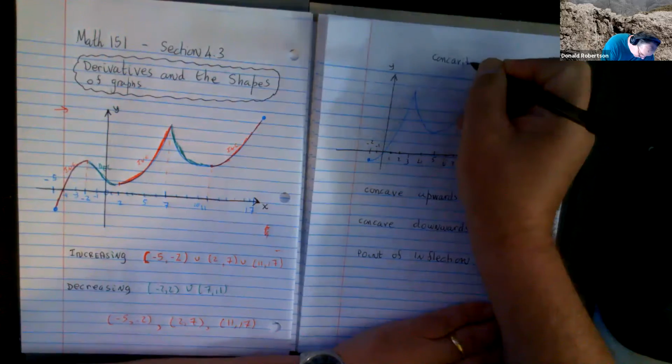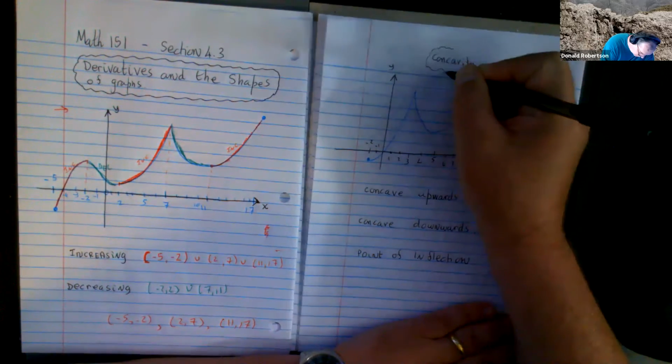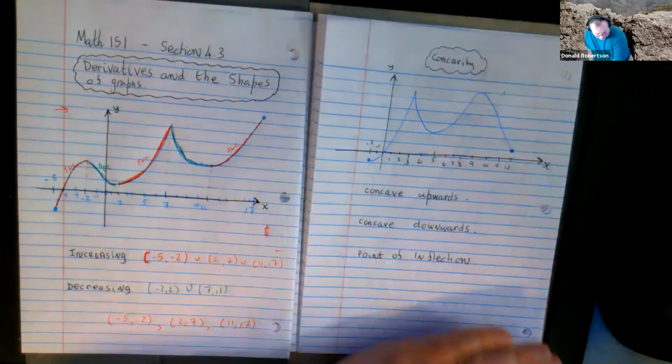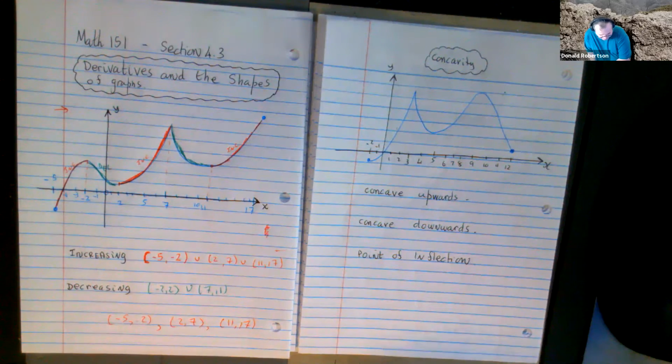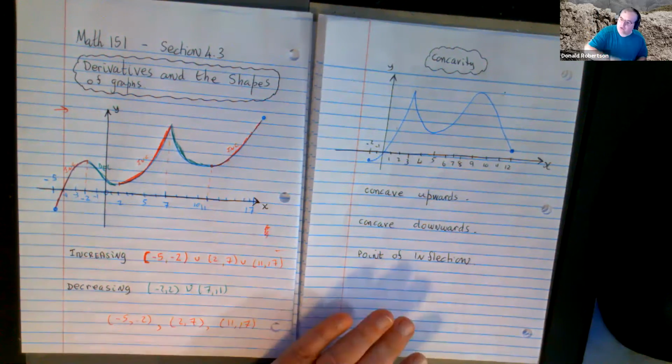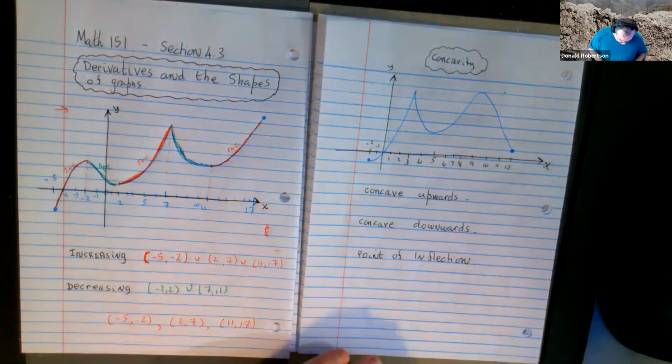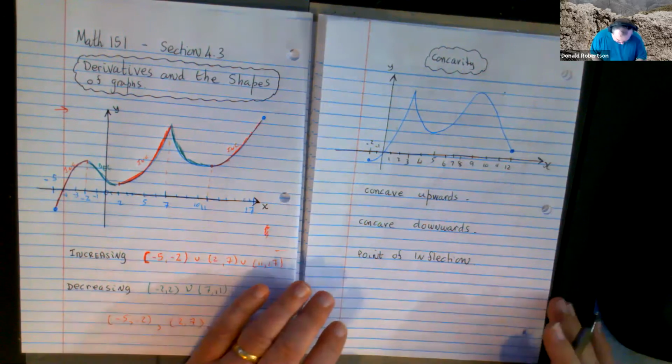Concavity. We sometimes describe a curve by using a term called concavity. It really just means how curved is it and what kind of curve has it got? And there are only two kinds of concavity.